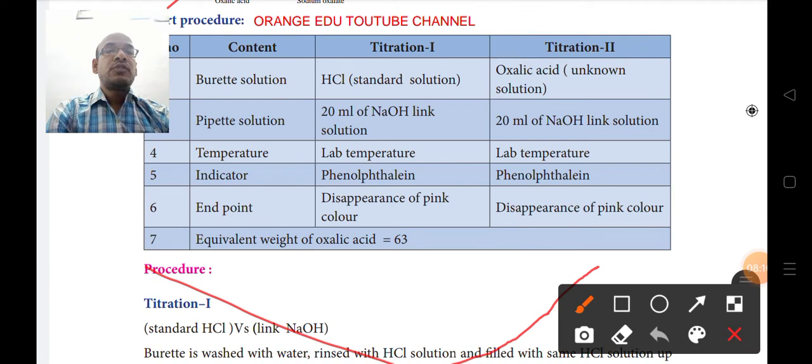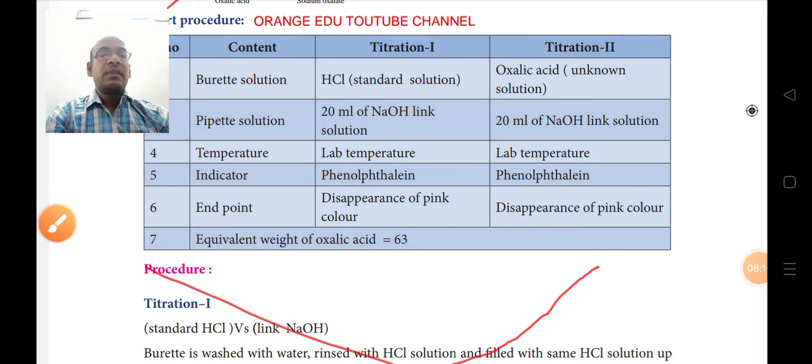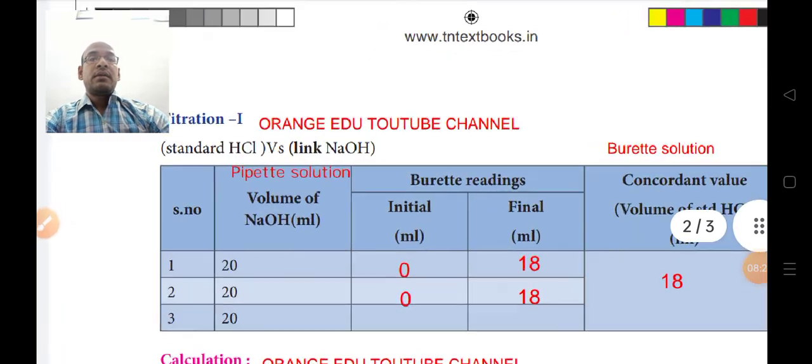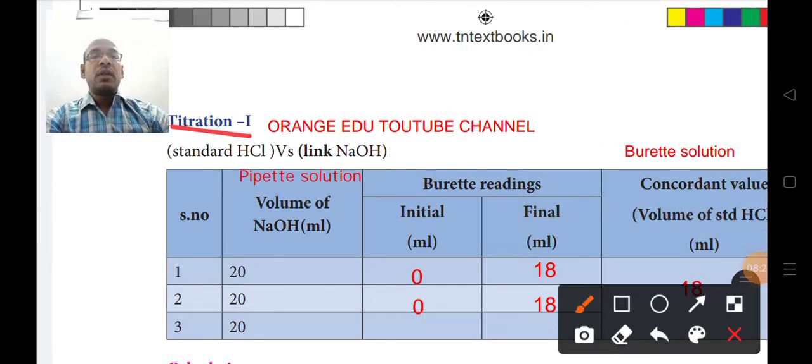First, using the question, we write down the short procedure. Then, using this short procedure, we can write the titration 1 tabular column.